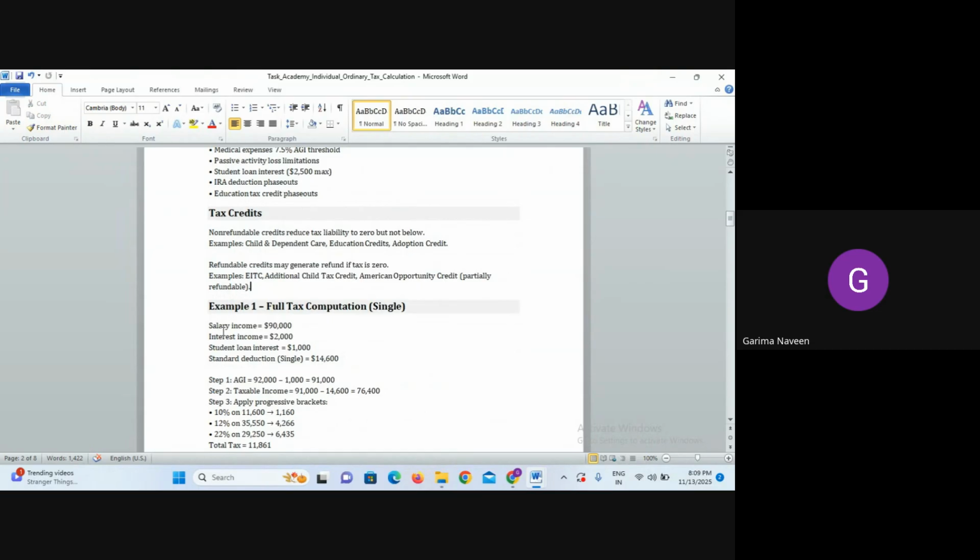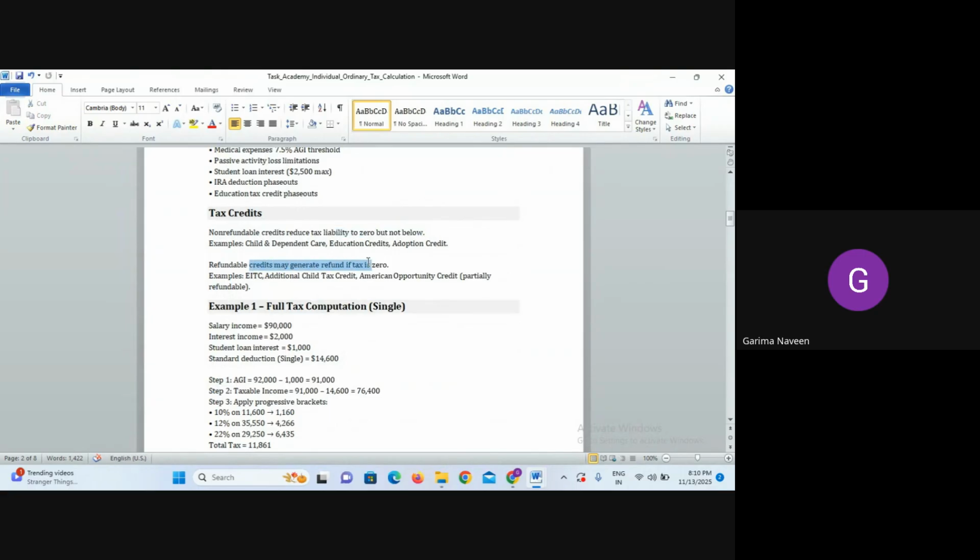Non-refundable credit means it can reduce your tax liability to zero, not to negative. Okay. If you have some excess credit, it will not give you any refund. It will only reduce your tax liability down to zero.